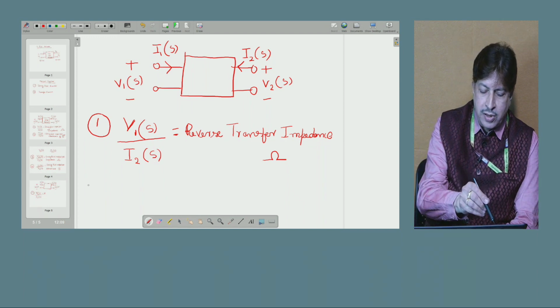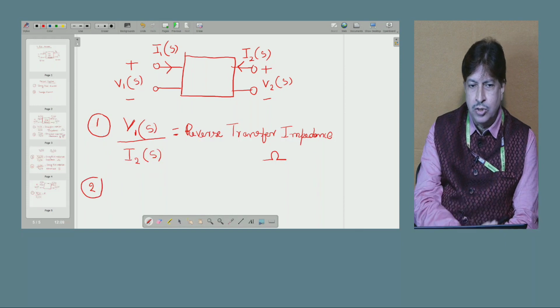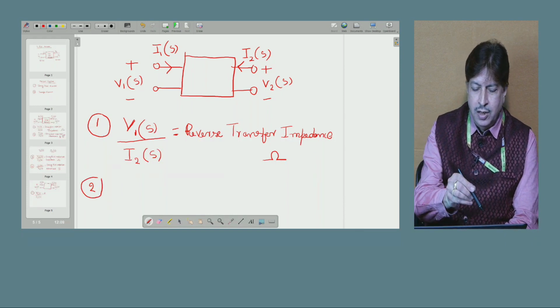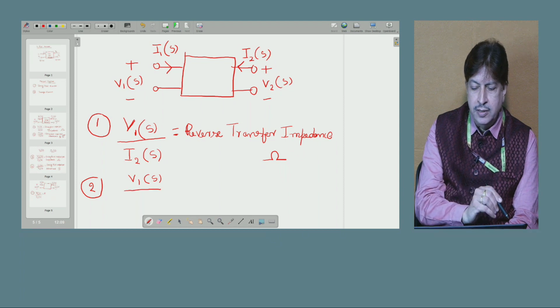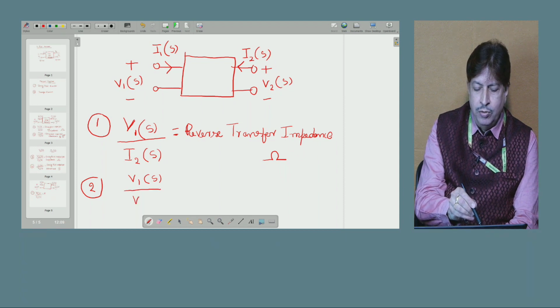Now let us write the second possible transfer function. I am writing V1(s) by V2(s).